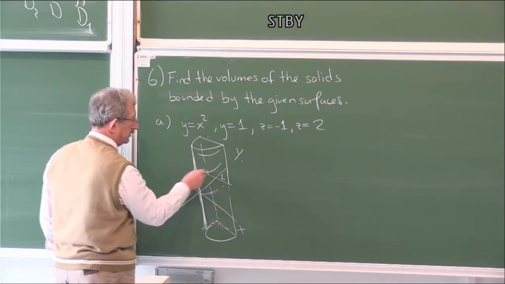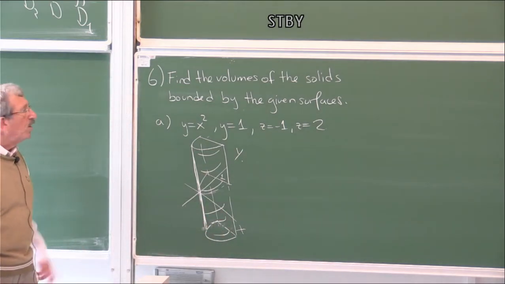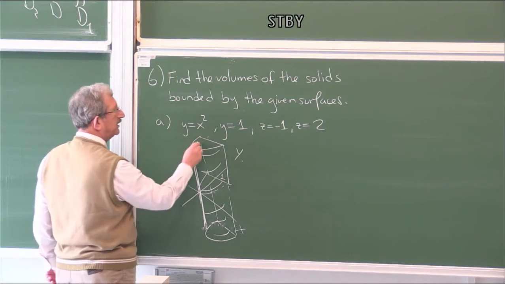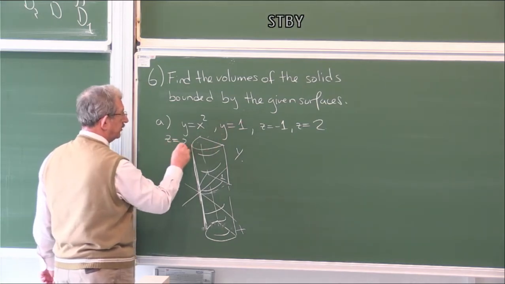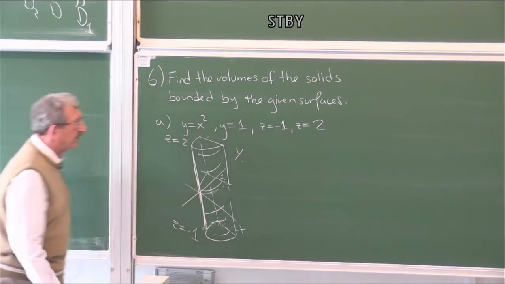So this is the solid in question, where the top level is a horizontal plane, z is 2, and the bottom level is a horizontal plane, z is 1.